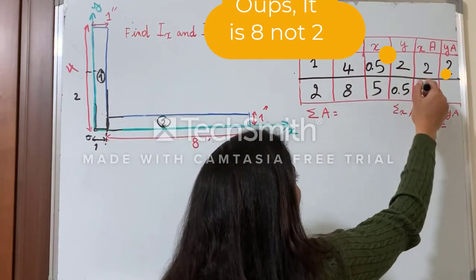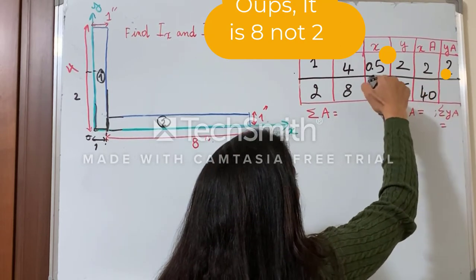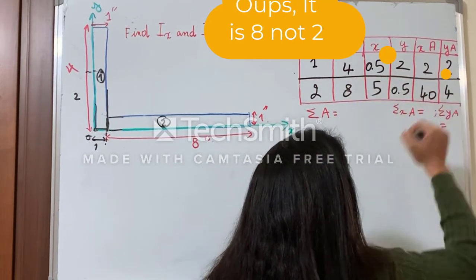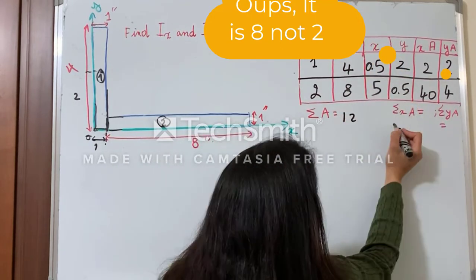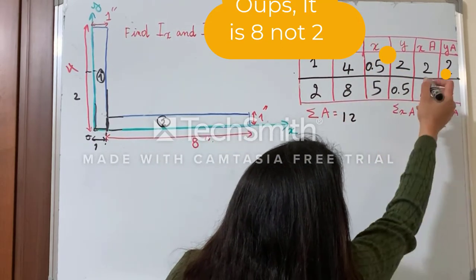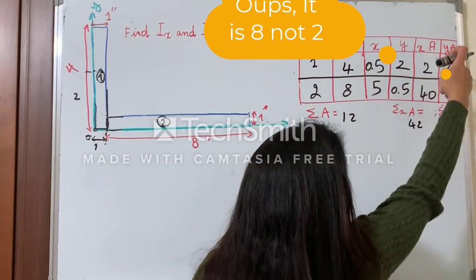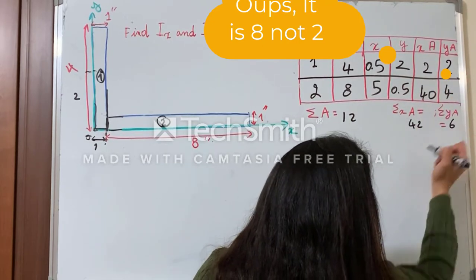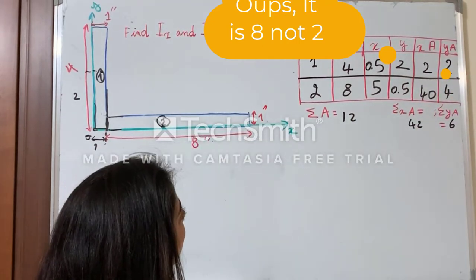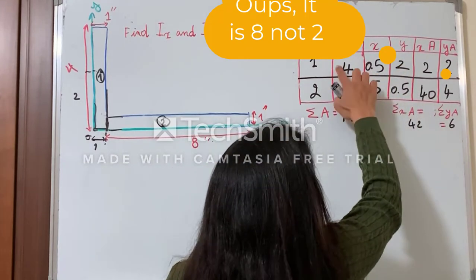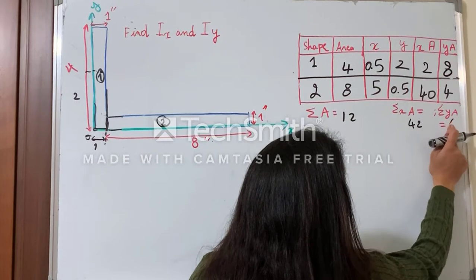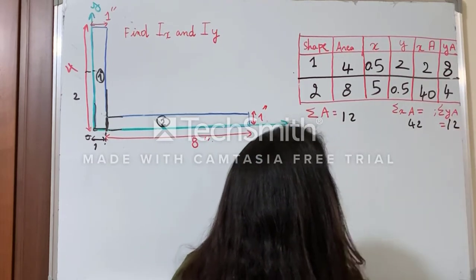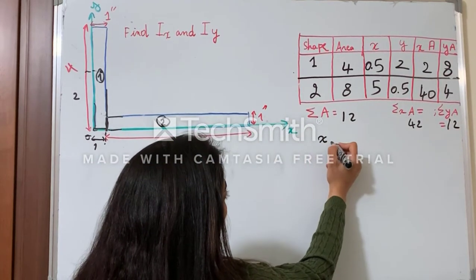Then xA will be equal to 40, yA will be equal to 4, then the sum of area will be equal to 12, the sum of xA will be equal to 42, and the sum of yA will be equal to, yA is 8, it is not 2, alright? So the sum of yA is equal to 12.